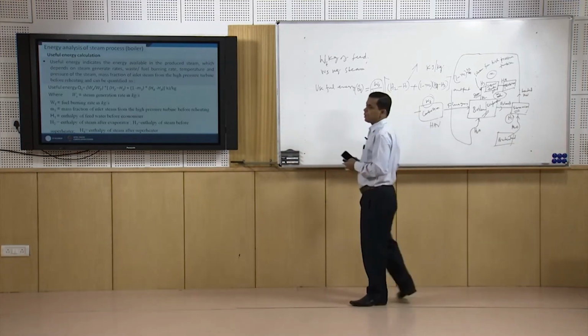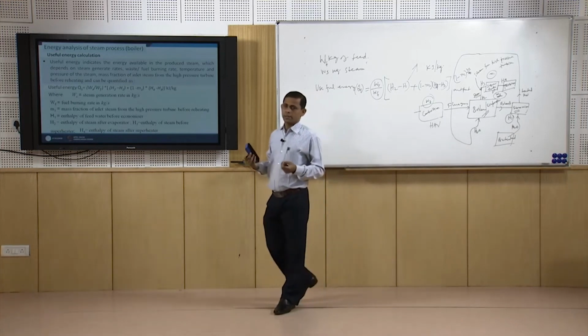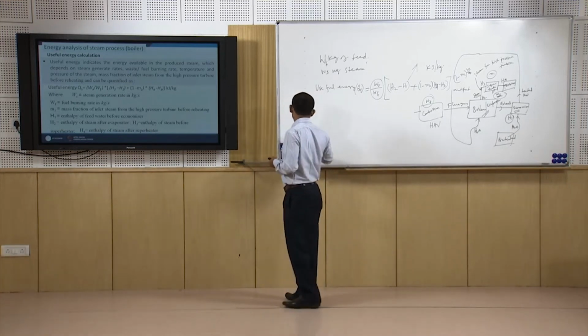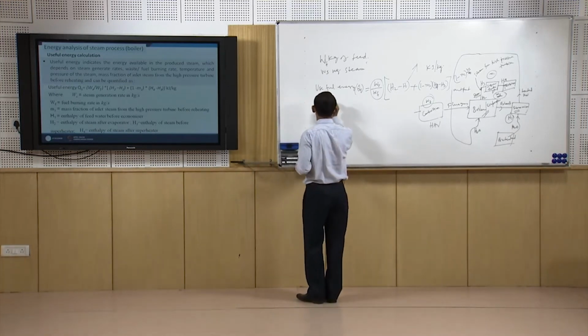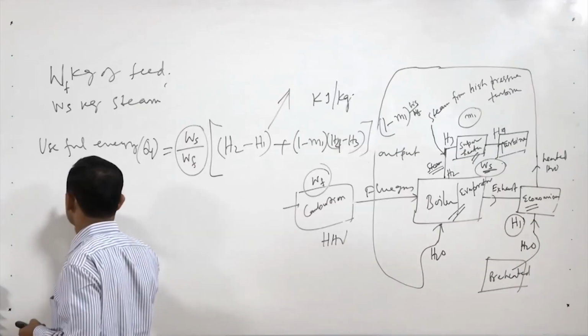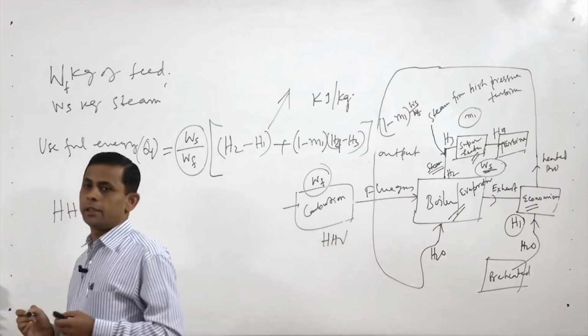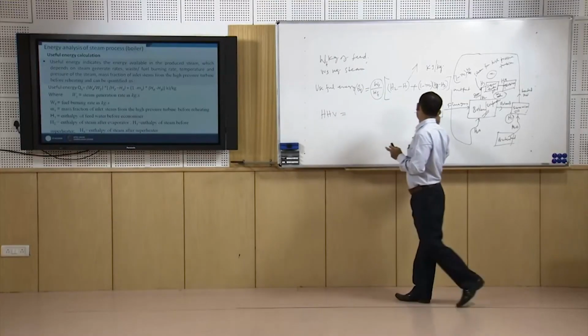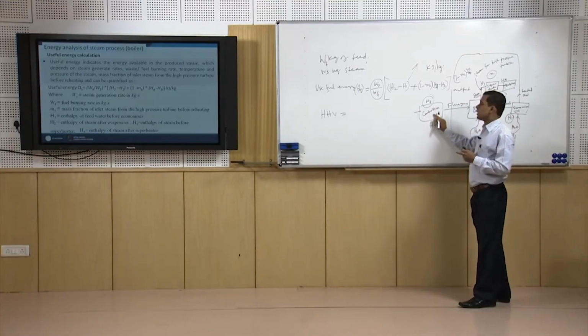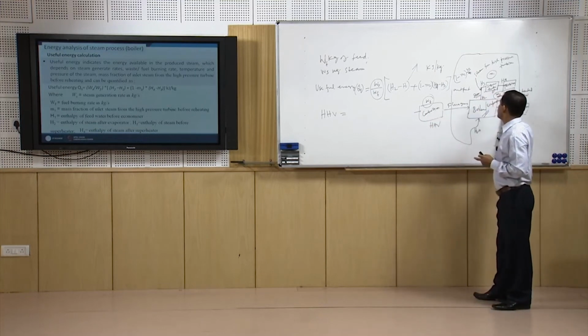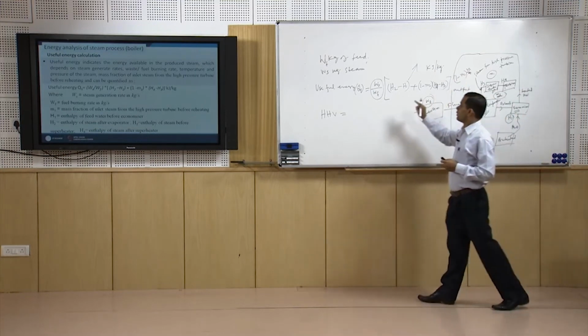Now, we will consider what the losses are. If we get useful energy and we get losses, then the heating value available with the feedstock is equal to the available energy plus losses.